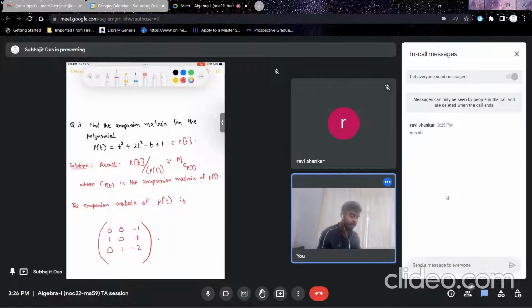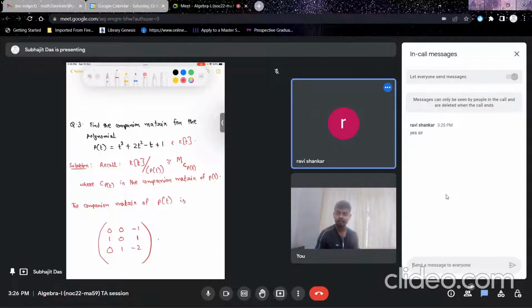But anyways, basically suppose C(p(t)) is a companion matrix of p(t). Then if you consider the module M_C(p(t)), this will be isomorphic to the quotient k[t] modulo the ideal generated by p(t). This is what I am saying. These two are isomorphic as k[t]-modules, isn't it?